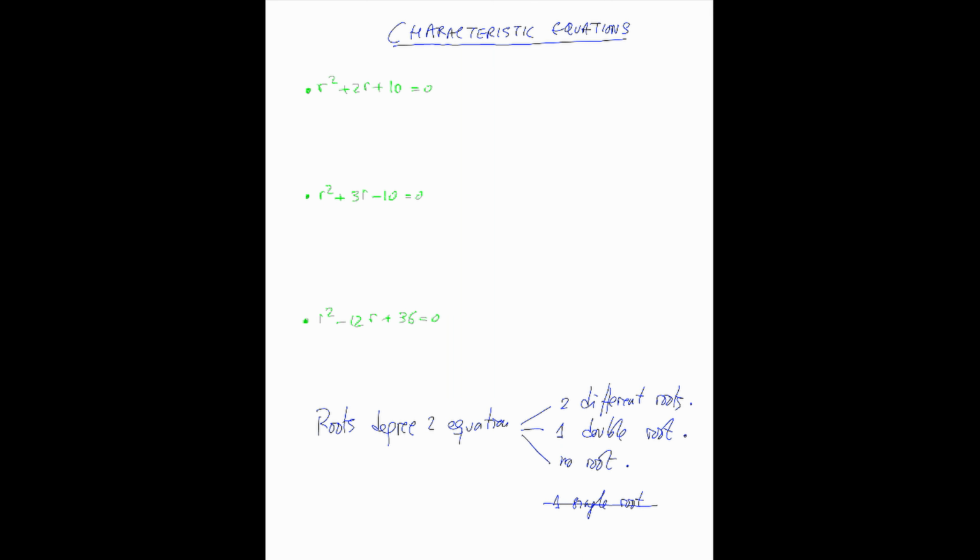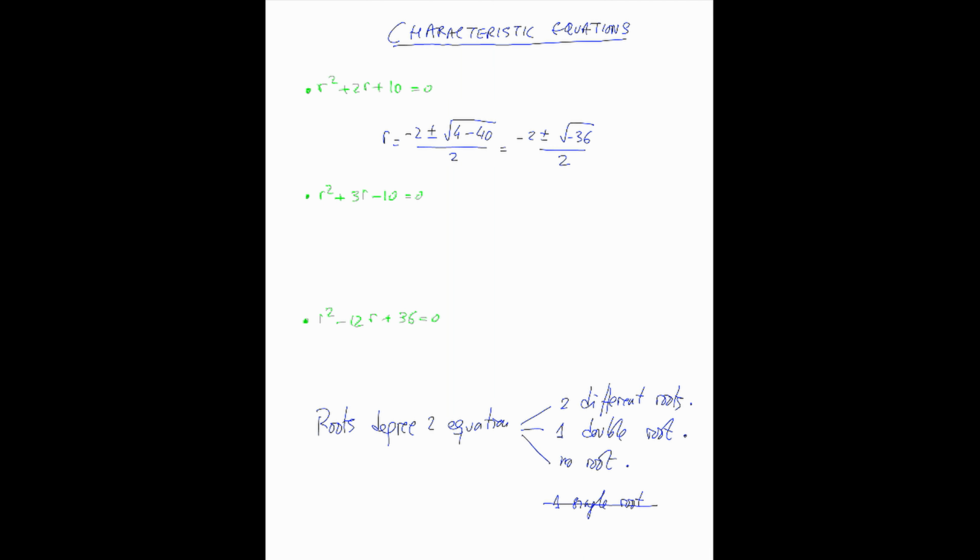The first one, we try to solve it by the formula. So r equals minus b plus minus the square root of b squared minus 4ac, divided by 2a. So that's minus 2 plus minus root of minus 36.